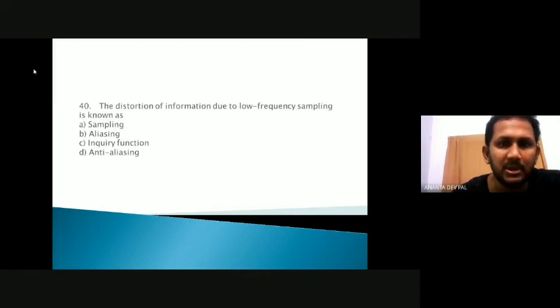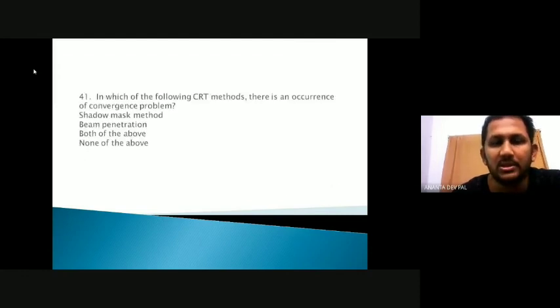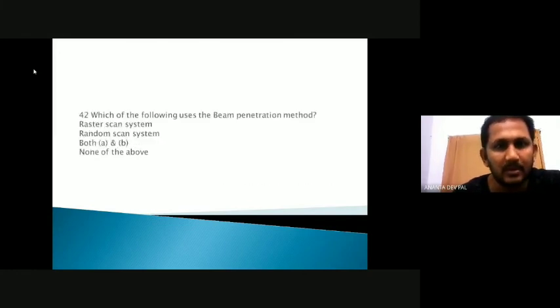Distortion of information due to low frequency sampling is known as aliasing. In which CRT method does the convergence problem occur? Shadow mask method. Which of the following uses the beam penetration method? Random scan system.